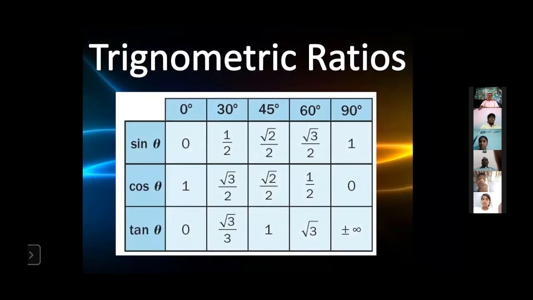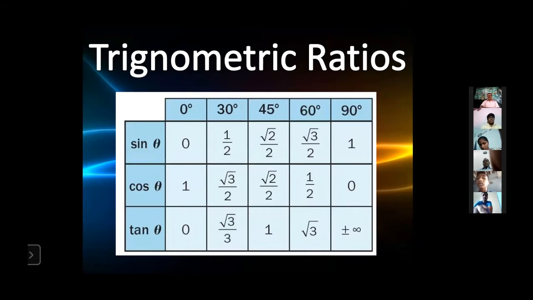Now next, trigonometric ratios. How many types of trigonometric ratios are there? Can anyone say? Six. Sine, cos, tan, sec, cot. Yes, you are right, Shivani. There are six types of ratios: sine, cos, tan, sec, cosec, and cot.